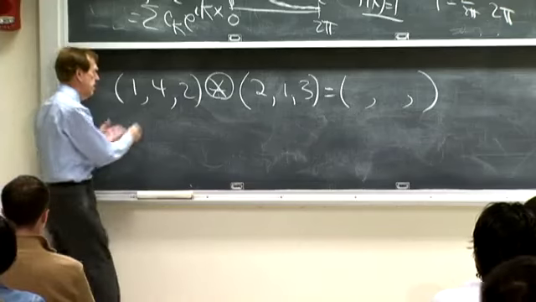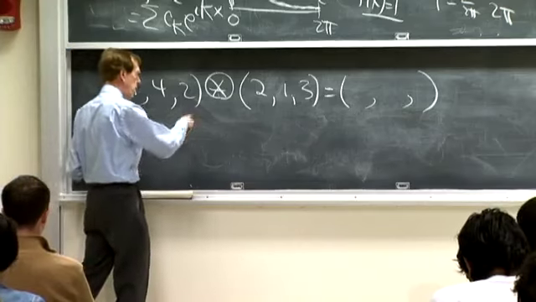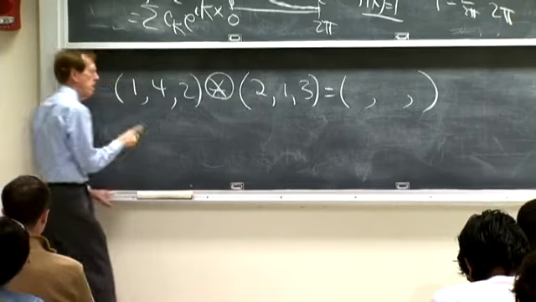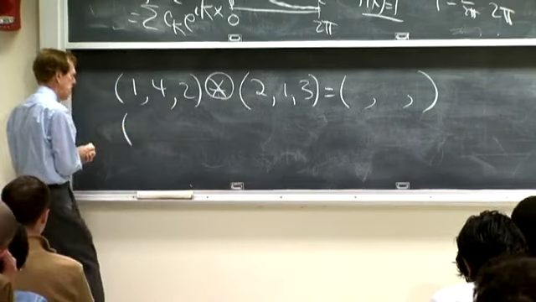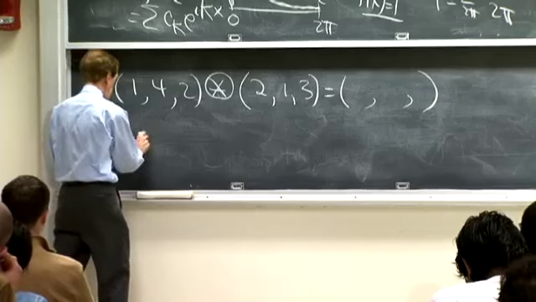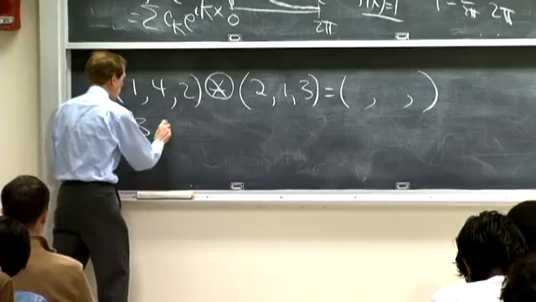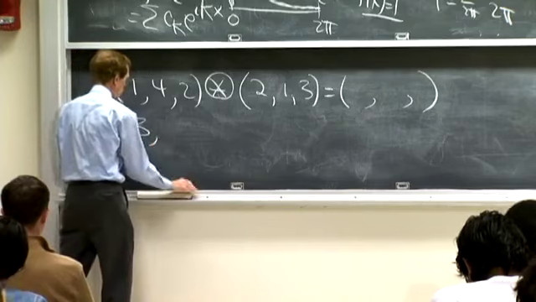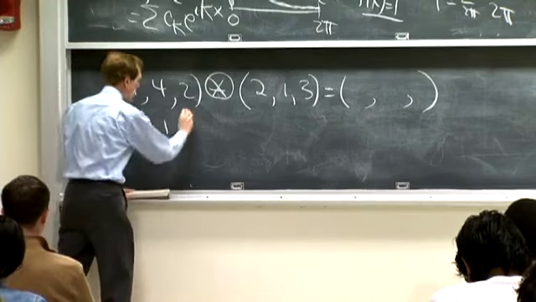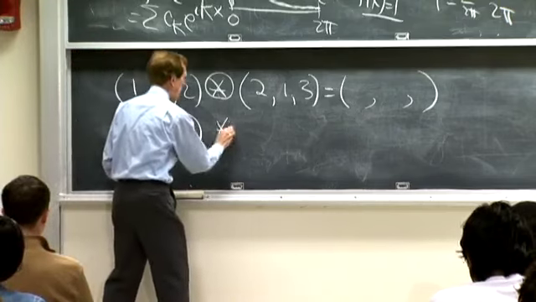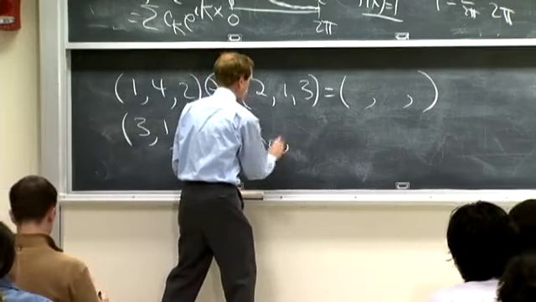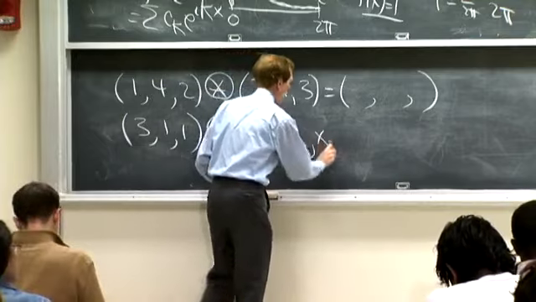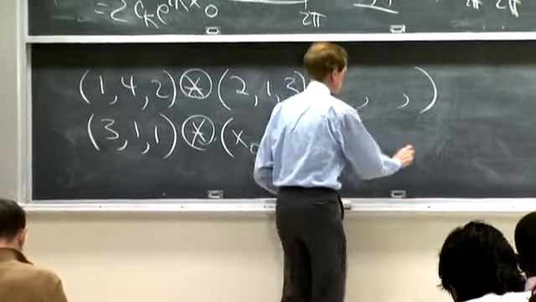Now suppose I ask it with the unknown, the thing that I don't know here. So let me do that. 3, 1, 1, cyclically convolved with some unknown x0, x1, x2 equals some right-hand side.